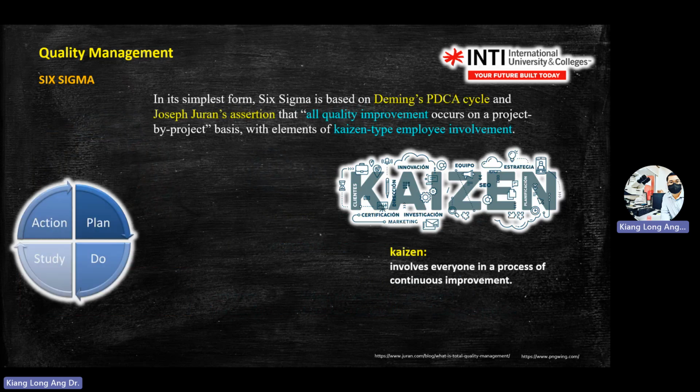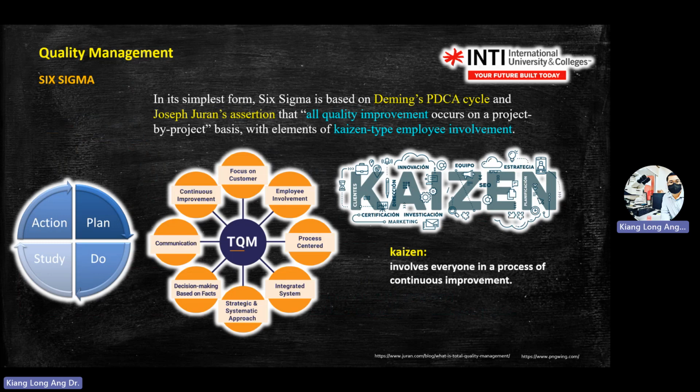Okay. Then there's another tool called Kaizen. Kaizen is also important. At least you should have heard it before. Kaizen is a quality tool. The word Kaizen itself means continuous improvement. It's a Japanese word. TQM, you have all these components. You can read.